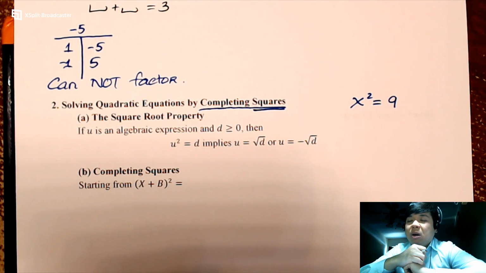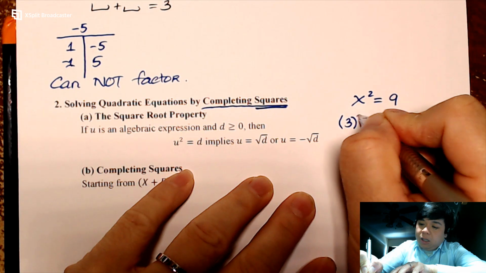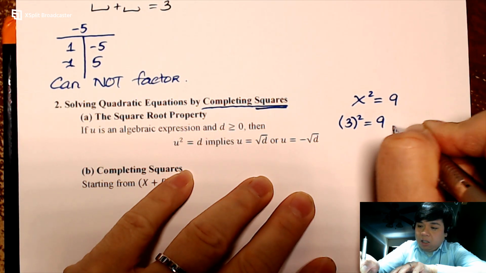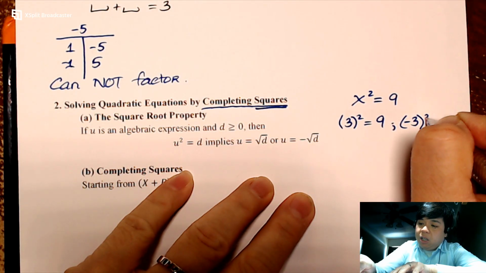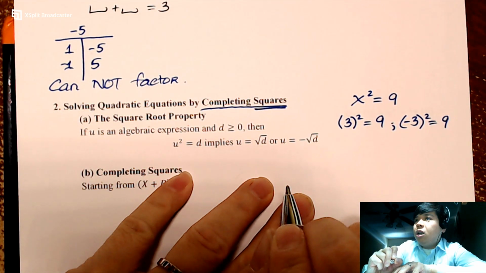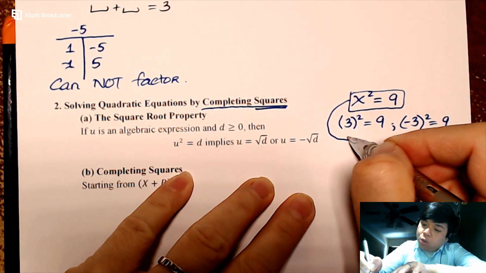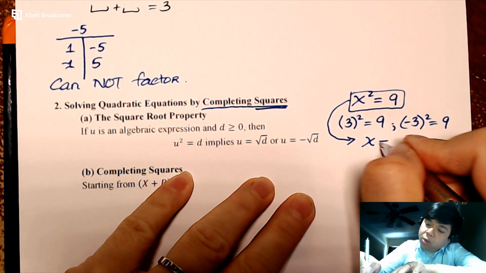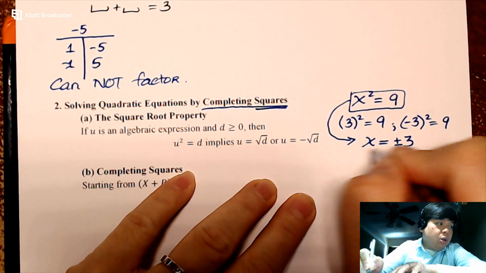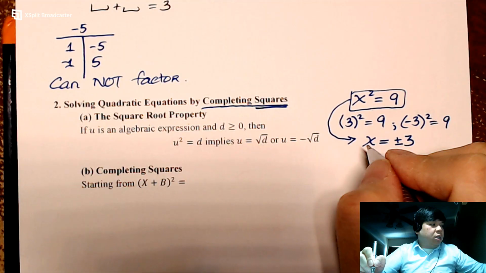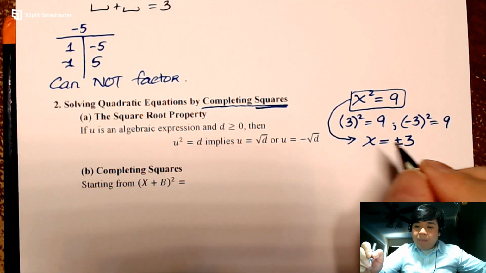But then I say, how about negative 3? 3 squared is equal to 9, but negative 3 squared, negative 3 times negative 3 is also 9. So if we have x squared equal to 9, there should be two solutions, x equal to plus 3 or x equal to minus 3. To be just right, plus or minus 3, like that.